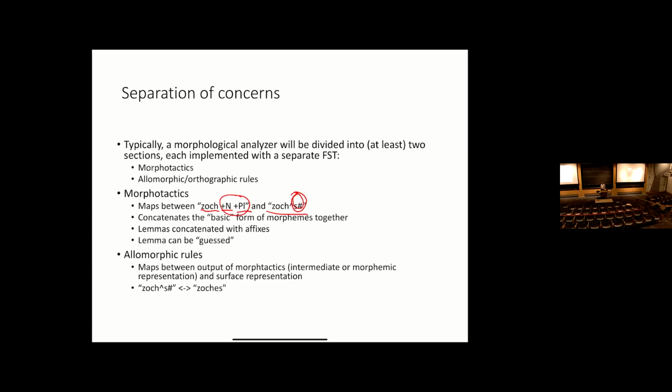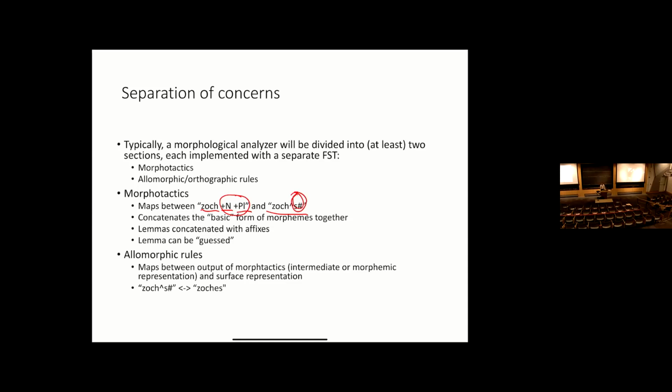So it concatenates the basic forms of morphemes together, concatenates lemmas with affixes, and lemmas in this case can be guessed. So you can have a lemma that you don't know. This is something that will be important to you when you're doing homework too, that the system guesses. It looks at the word essentially and thinks we could make a full word if the lemma had this form.